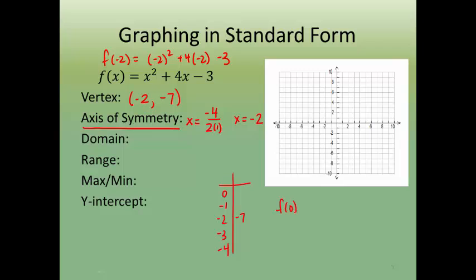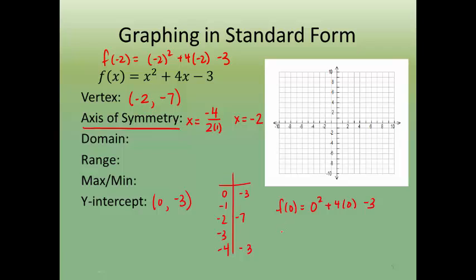So I'm going to find f of 0. Oh, wait, that's the y-intercept. So not only am I finding a value for my chart, I'm also finding the y-intercept. So when I substitute in f of 0, I get 0 squared plus 4 times 0 minus 3, and it's negative 3. Well, that means that negative 4 also has a y value of negative 3.